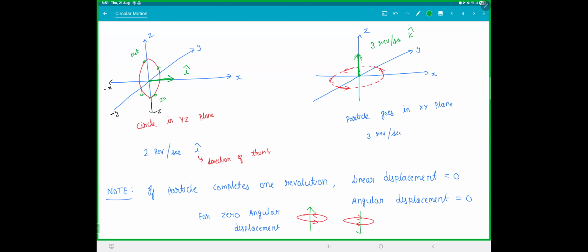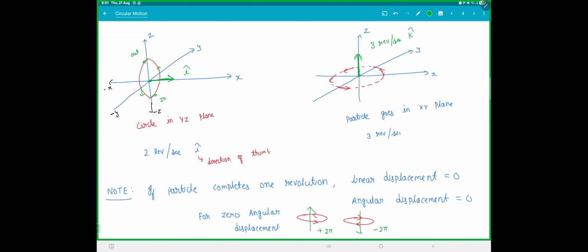So this will be plus 2 pi and this will be minus 2 pi. So be careful. Linear displacement's definition is the distance between the initial and the final position. Angular displacement's definition is the angle rotated with respect to the reference line. If you're rotating clockwise, you get one direction. If you rotate anti-clockwise, you get another direction. So if you want 0, then you should rotate clockwise once and anti-clockwise once. Then you get 0. Clear with this?